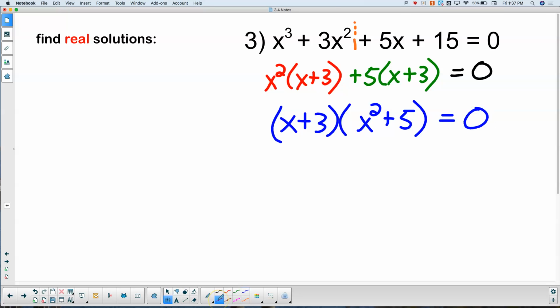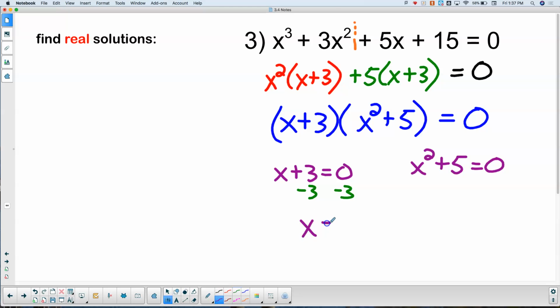Can't factor anymore, so we get x plus 3 equals 0 and x squared plus 5 equals 0. Subtract 3. x equals negative 3. Subtract 5.